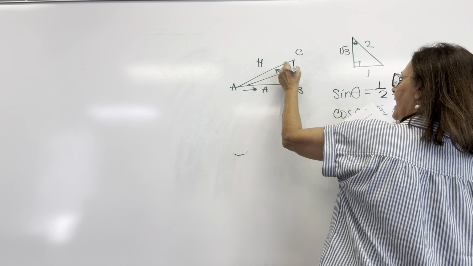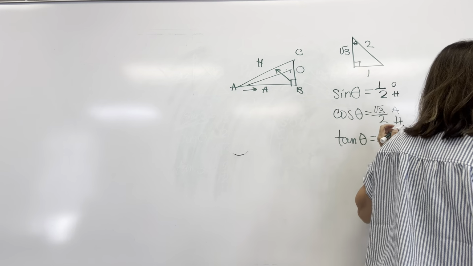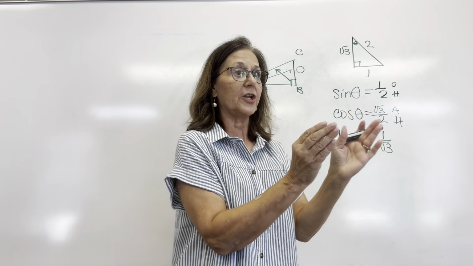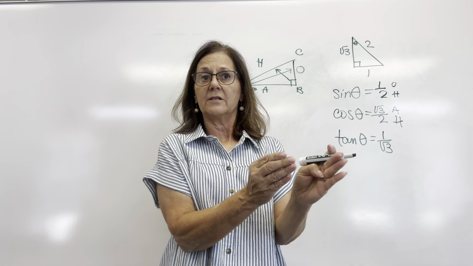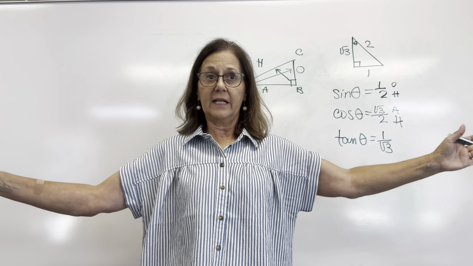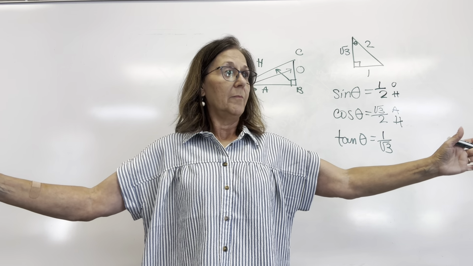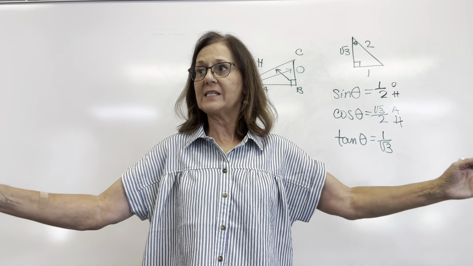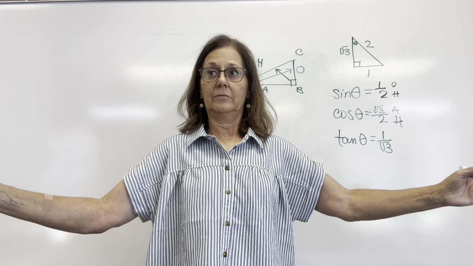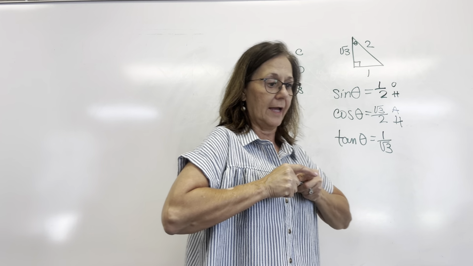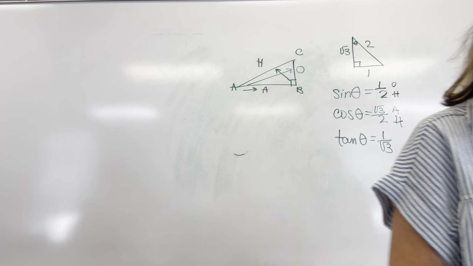Opposite angle A is over here. Remember I said if it's an acute angle, the side opposite is short, but if it's an obtuse angle, the side opposite it is big? Because an angle determines the length of the side opposite that angle. Make sense? Okay. Liam, number 6.